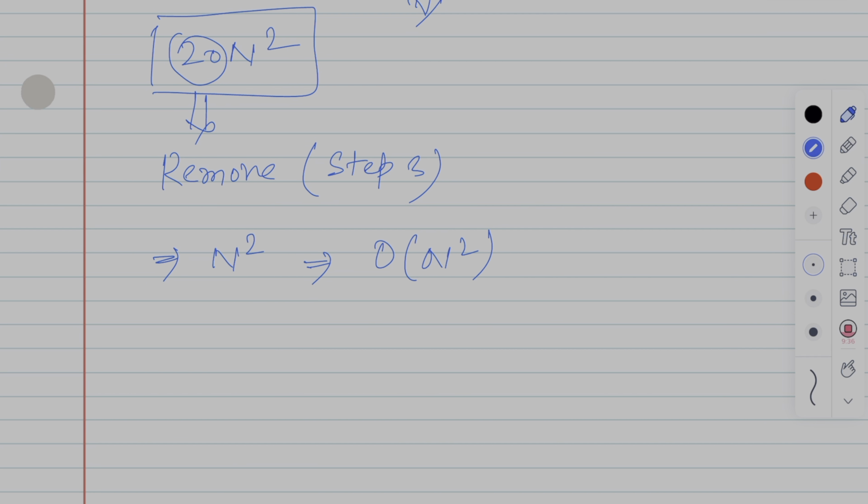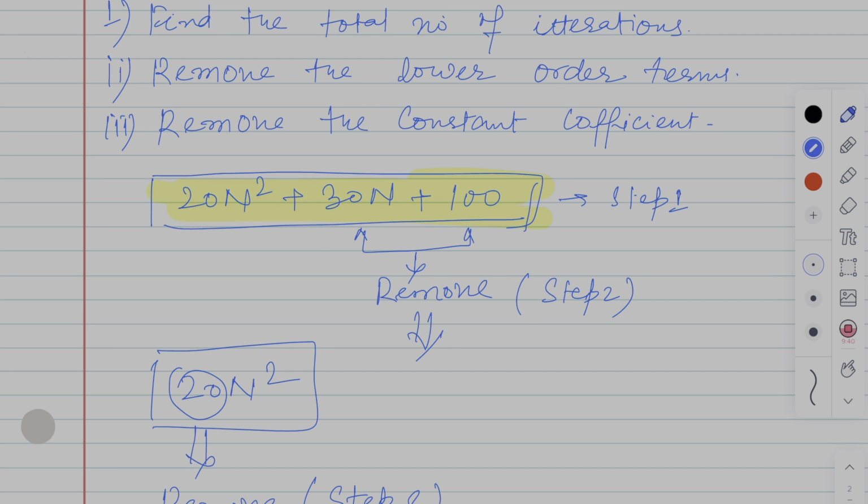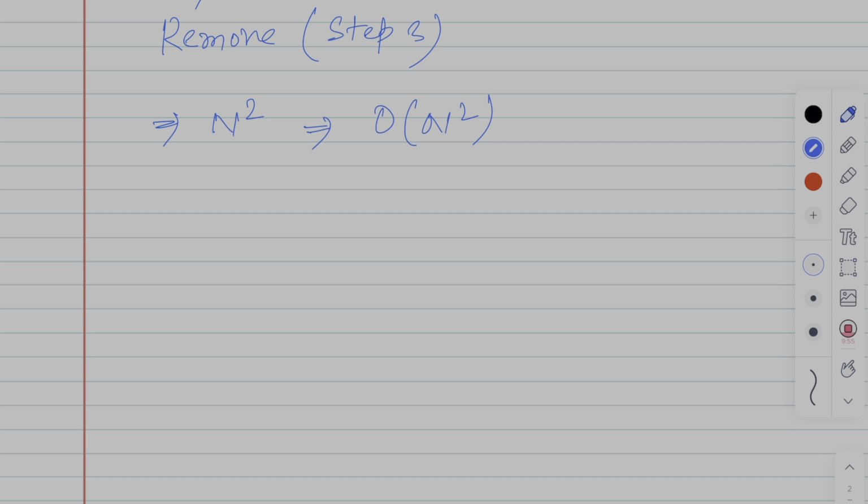Now, let's understand why we remove the lower order terms first. So let's think in this manner. Let's suppose, not thinking about smaller inputs but for larger inputs, let's just compare. n square will always be greater than 30n.